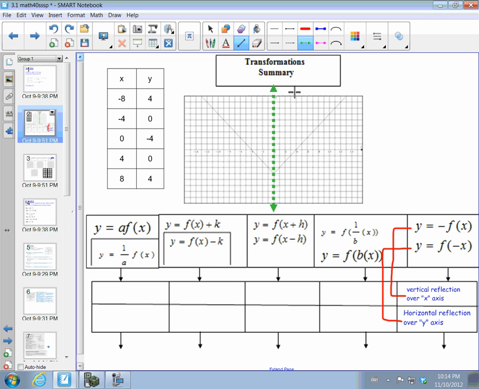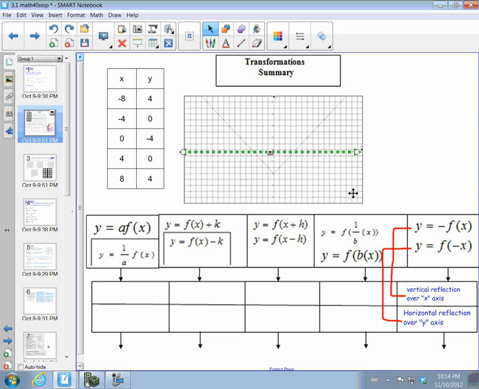So you guessed it. The horizontal reflection of this graph would just be the original graph. That would be different, though, if we reflected this graph vertically. Vertically now over this x-axis.